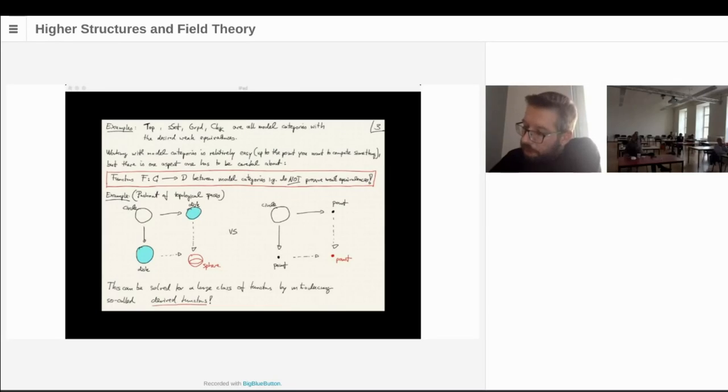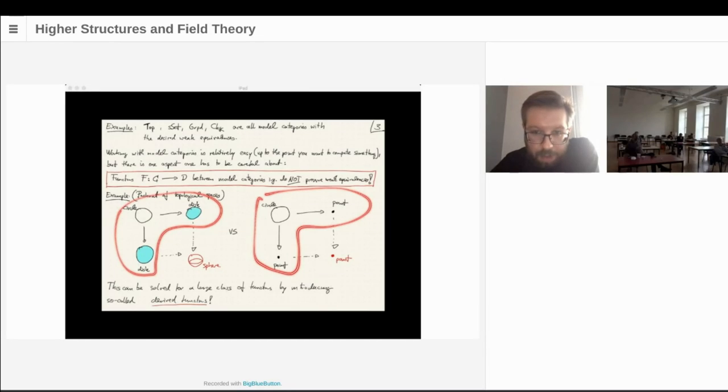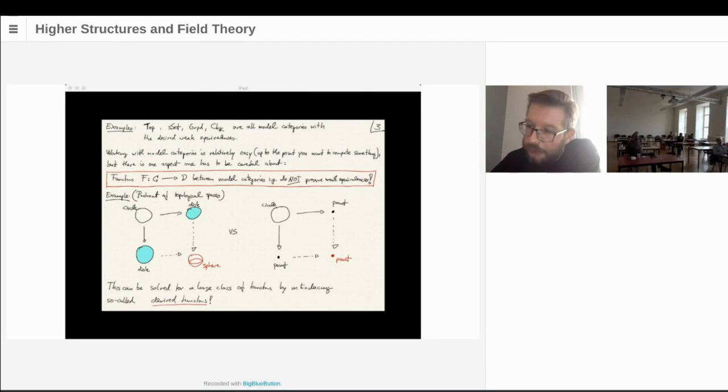But if I change this diagram I want to push out now up to weak equivalence into this diagram, and then I push out, I don't get a sphere anymore, but a point. And that is, of course, a bad behavior because when you work with spaces up to weak homotopy equivalence and you use ordinary push-outs, then you get inconsistent results here. The point is not the same as the sphere, even up to homotopy.